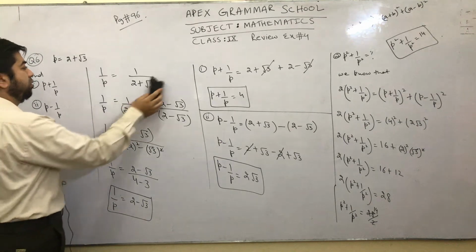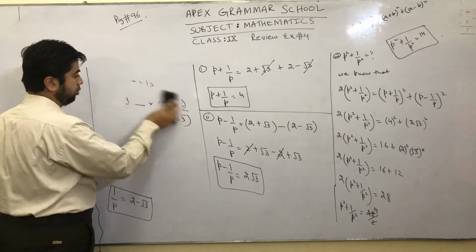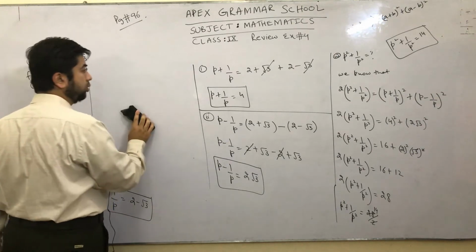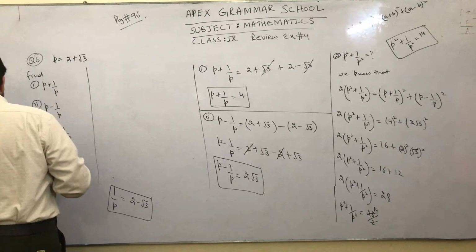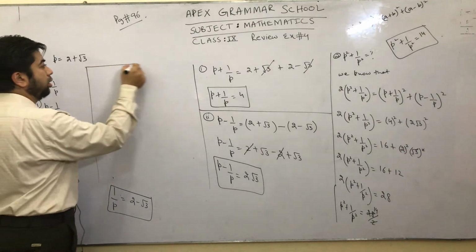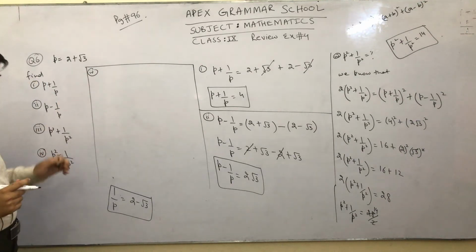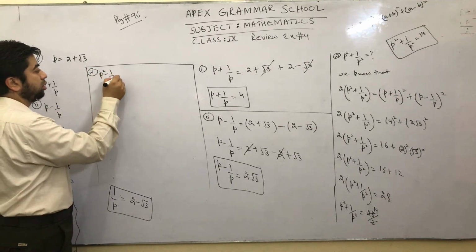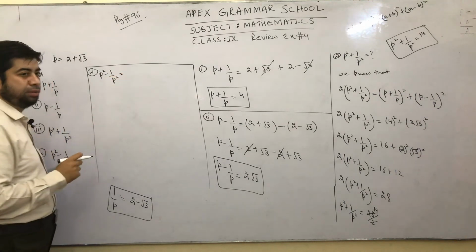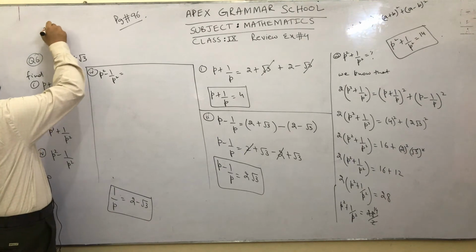You can solve it very easily through the formula. I am solving it right here, p square minus 1 over p square. You can see that this is of the type a square minus b square.